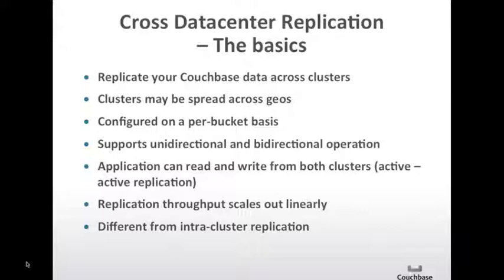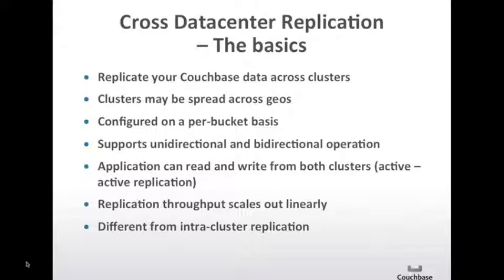Some of the most common configurations we support are unidirectional replication and bidirectional replication. With these configurations, we can support master-slave, master-master, or master-master-master, which is a multiple master configuration.